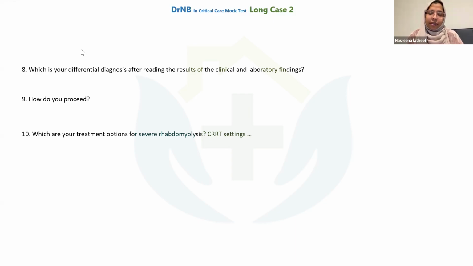In this case, CVVHDF, continuous veno-venous hemodiafiltration, would be the ideal choice. I will also start him on broad spectrum antibiotics along with clindamycin as an antitoxin.